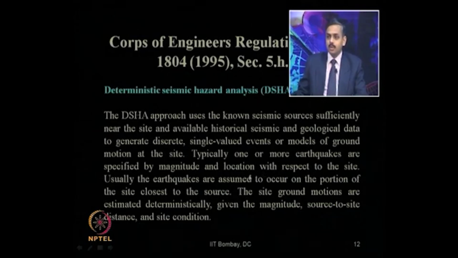That is what it means. Okay? So, usually the earthquakes are assumed to occur on the portion of the source closest to the site. The site ground motions are estimated deterministically given the magnitude, source to site distance and the site condition.